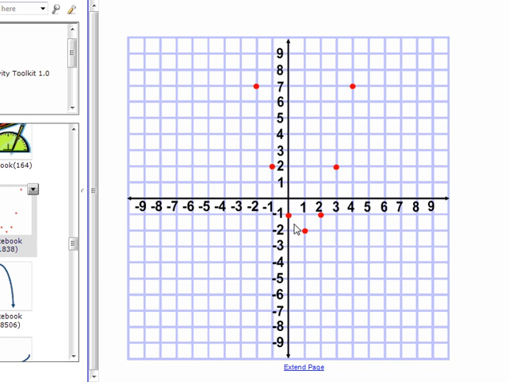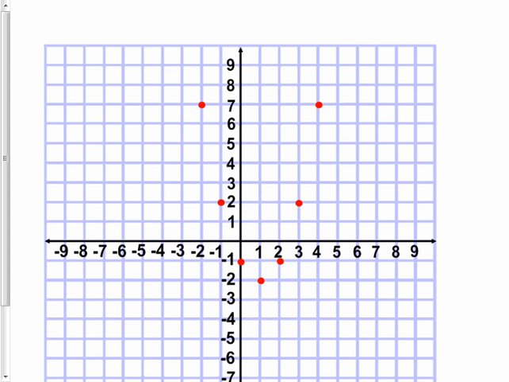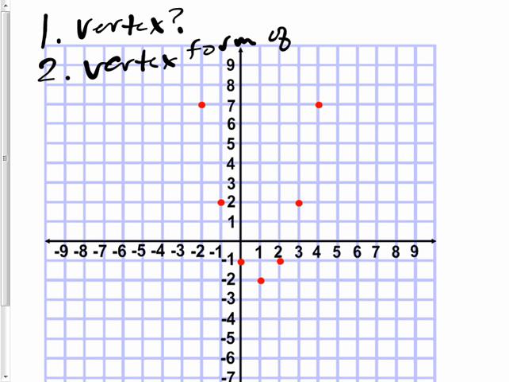Okay. And I'd like you to tell me the answer to these questions. Number 1. Vertex. Number 2. What is vertex form of the equation? Number 3. What's general form? And generally, you just multiply this out.